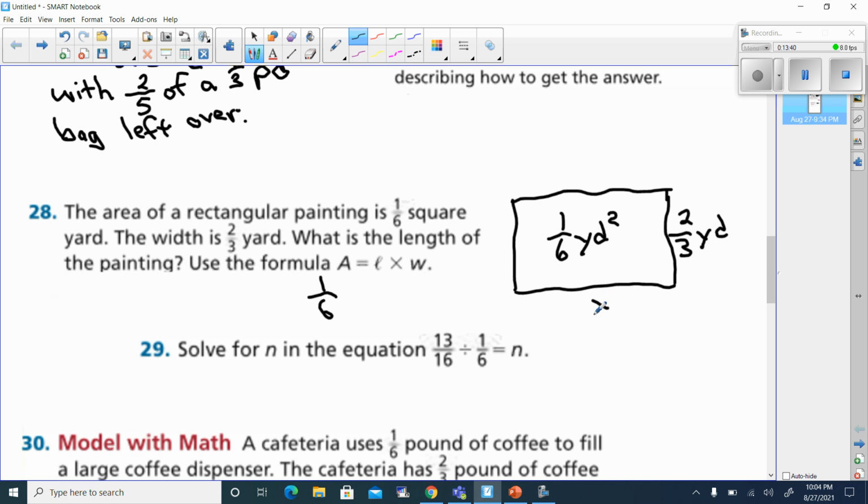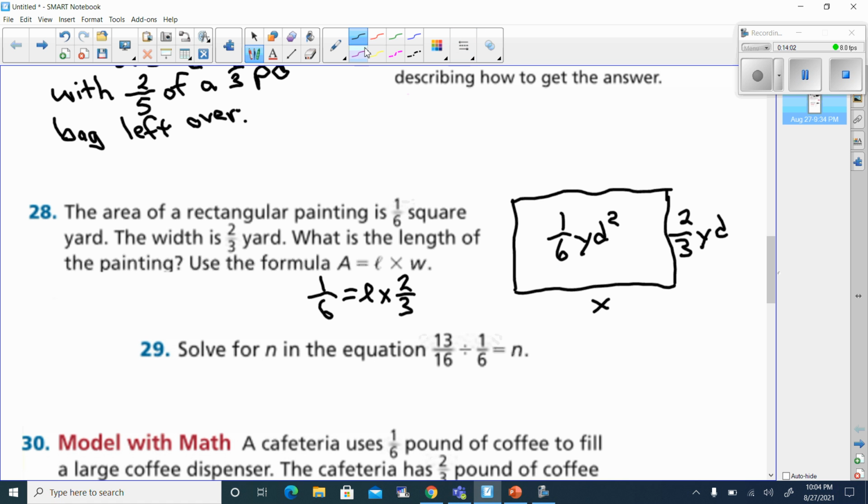We're trying to find out how much that is. So this is going to be equal to 1/6 is equal to the length times 2/3, because 2/3 is the width. They want to know what is the length.